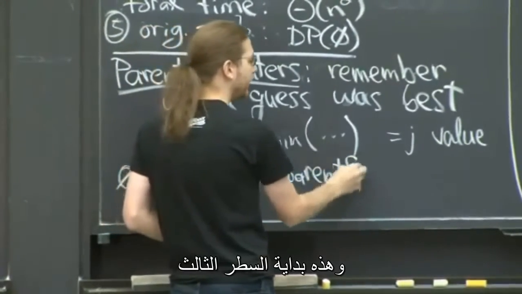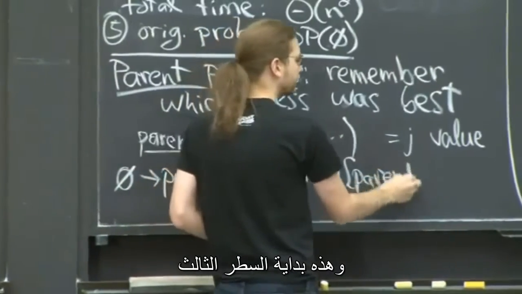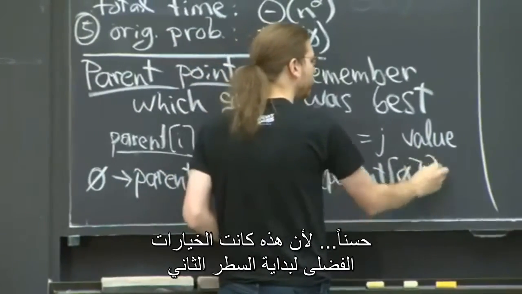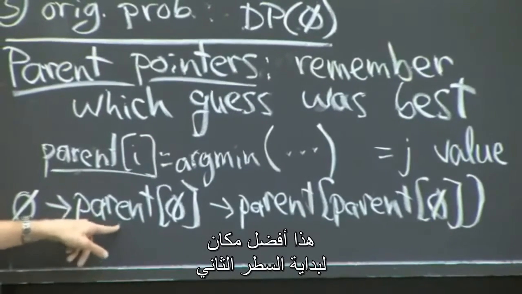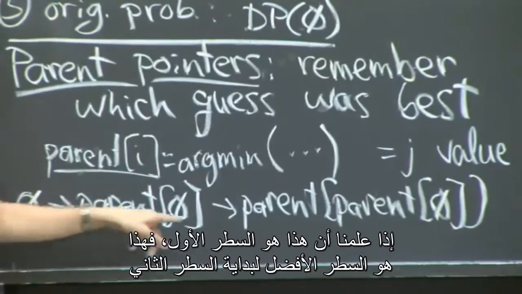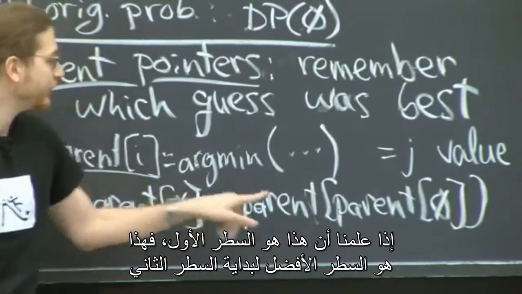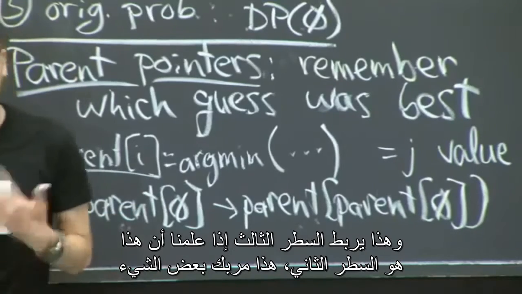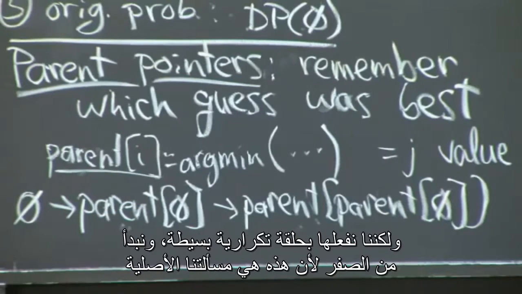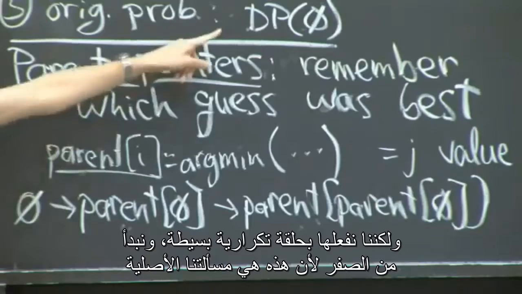That will be where the third line begins. Because these were the best choices for where the second line begins. This was the best place where the second line begins, given that this is the first line. So that's really the third line, given this is the second line. A little confusing. But you just do a simple for loop. You start with 0, because that's our original problem.